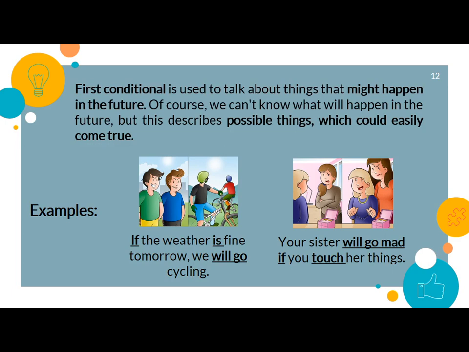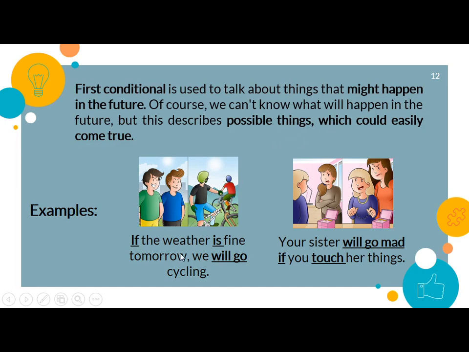Maybe we can predict, we can even plan, but to know exactly what is going to happen in the future, it is impossible. So that's why we use it every time we want to talk about things that might happen in the future. And it says these describe possible things which could easily come true.